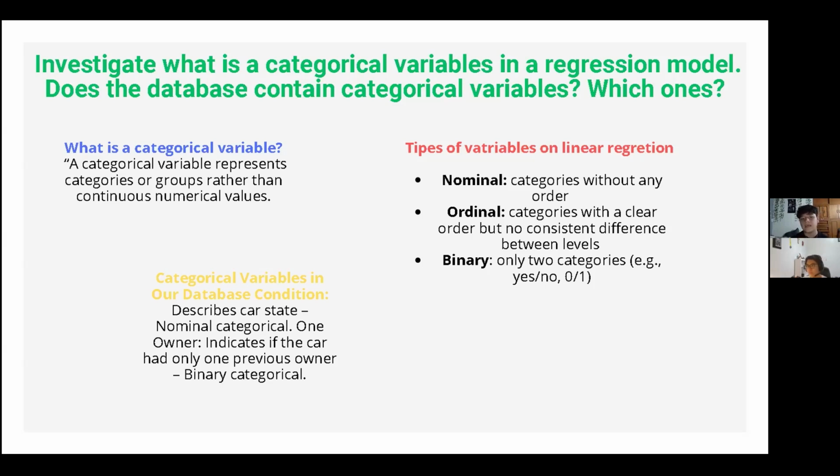Nominal has categories with no order. Ordinal has categories with order, and binary has two types of categories. To use these in regression, we need to convert them into dummy variables because they need a numerical value. So we do that, and in our database, we have the binary and the ordinal.